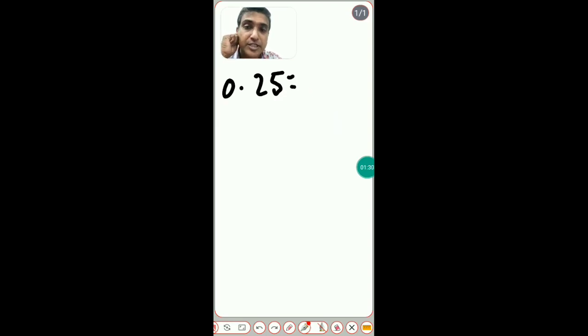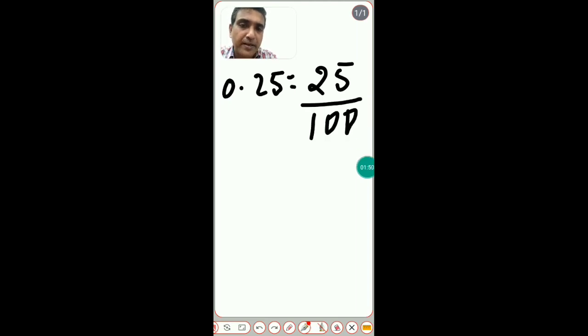0.25. This is a decimal form. So how did you think about it? After the decimal point, 2 places. So how will you write? That is 25 by 100.